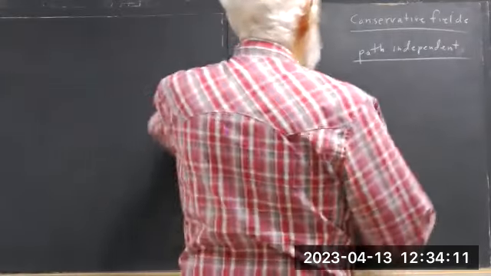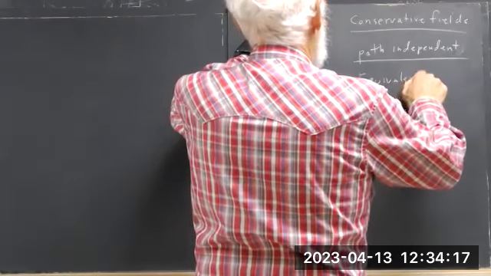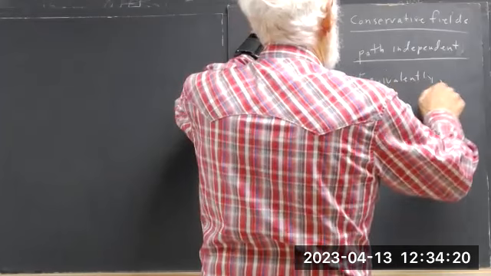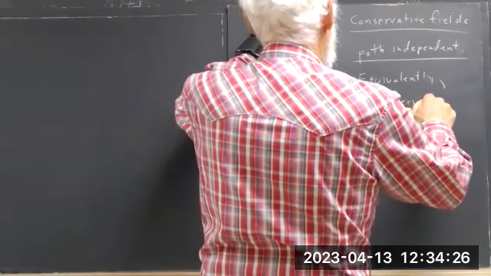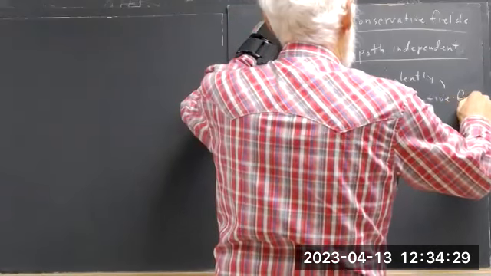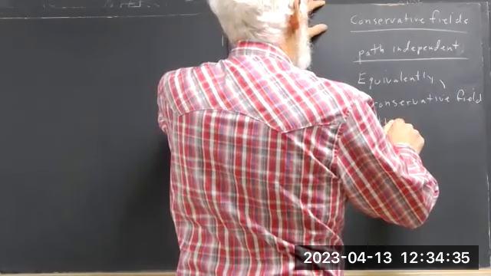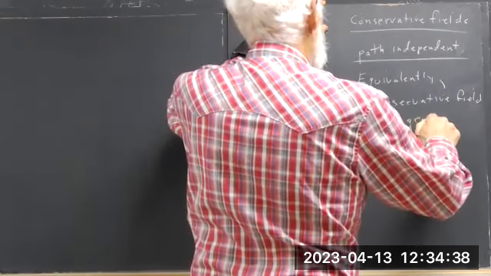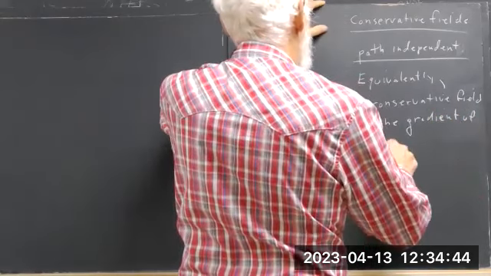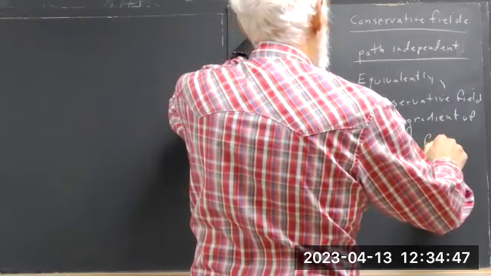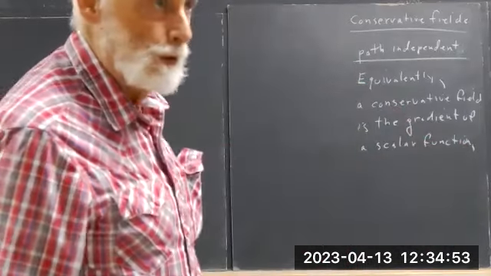Another: a conservative field is the gradient of a scalar function, and that scalar function is called the potential function.